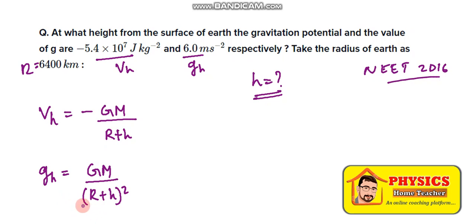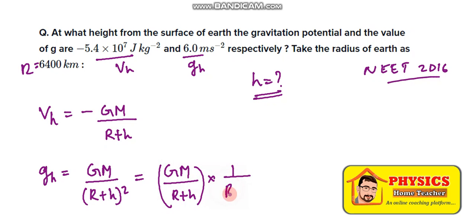Now this acceleration due to gravity can be written in terms of Vh. How? You can split this GM divided by (r plus h) whole square into GM divided by r plus h, into 1 divided by r plus h.